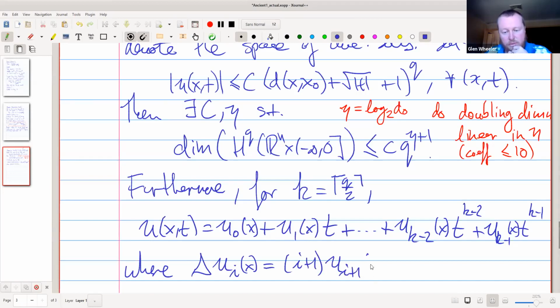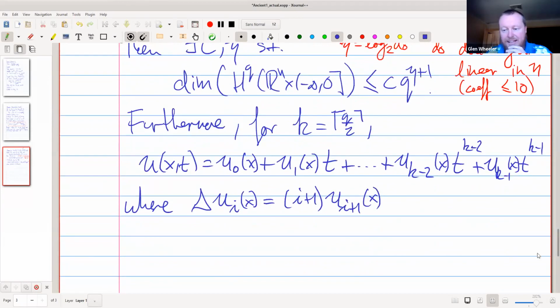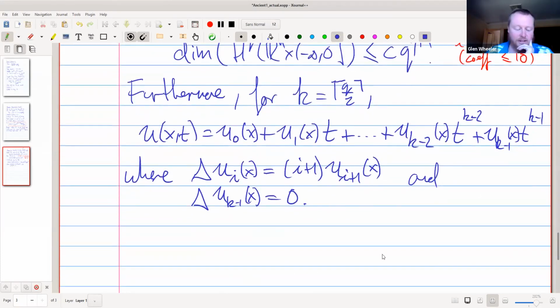And then you might ask, well, what happens for the last guy? Well, he's harmonic. The Laplacian of u k minus 1 is 0. It's harmonic. Isn't that beautiful? It's a wonderful theorem. Okay.